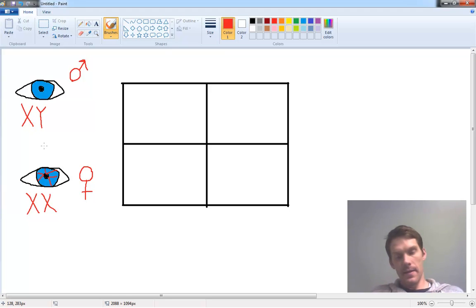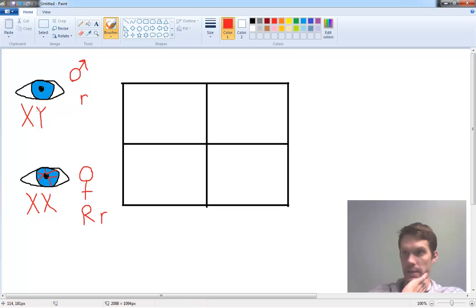What we're portraying here is that this male is colorblind, and for color blindness we're going to call the allele little r. And this female is not colorblind, but she is heterozygous, so she has a big R and a little r.